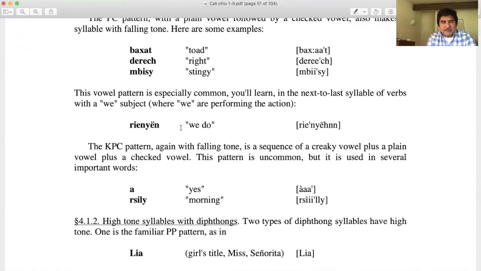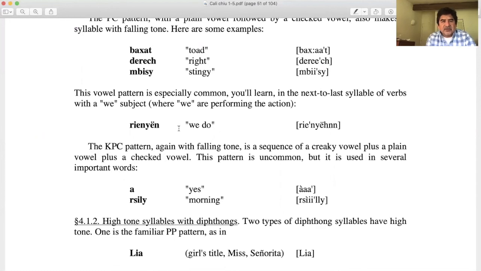Okay, so as you can see here, and again, don't worry about it right now, we are saying that there is a we subject here that's performing the action, which we call a bound pronoun, which we'll also talk about later. But now I just want you to pay attention to the combination of the vowels, the vowel pattern. So please pay attention to those patterns.